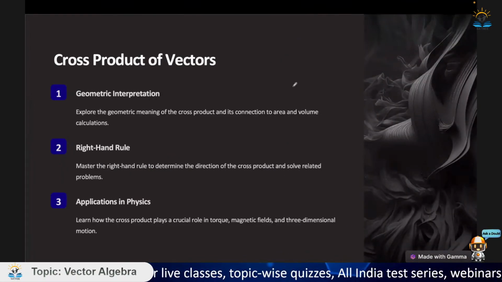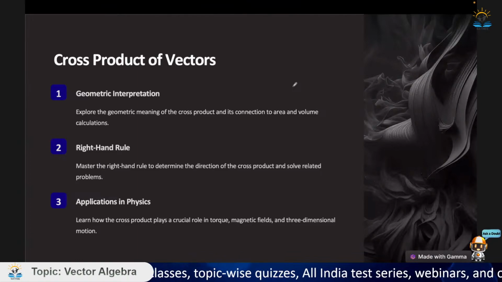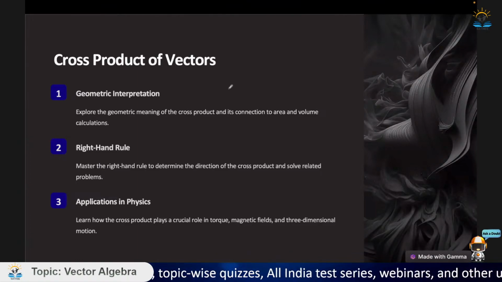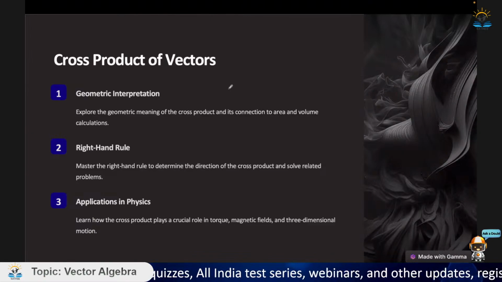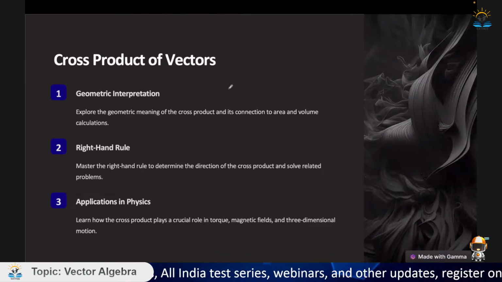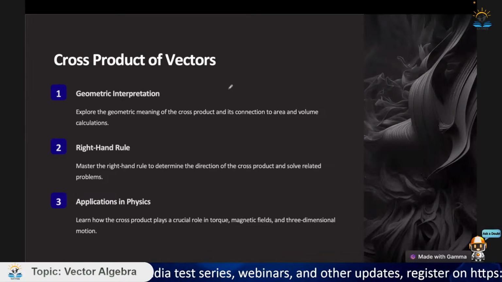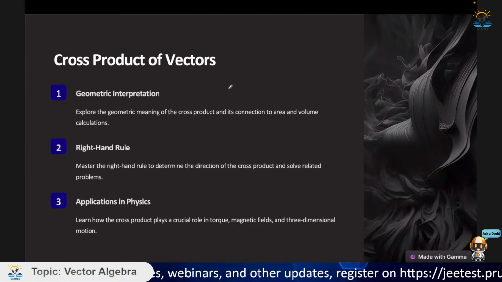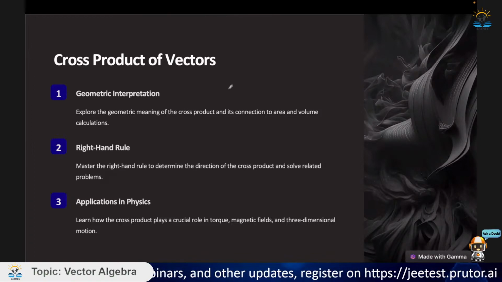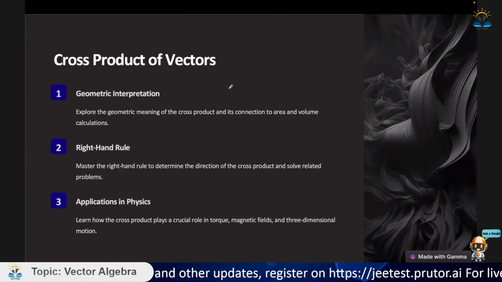What is cross product? It is represented as a cross b, which we write as magnitude of a vector times magnitude of b vector times sine theta. In the dot product it was cos theta, here it is sine theta. So what is the physical meaning of this cross product?